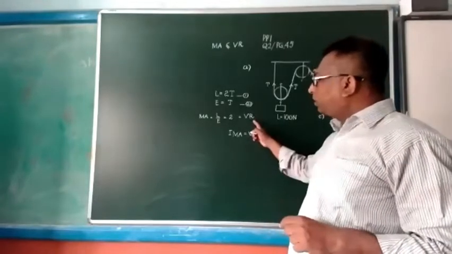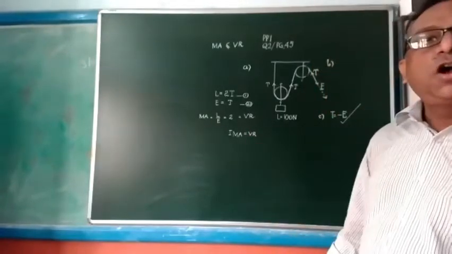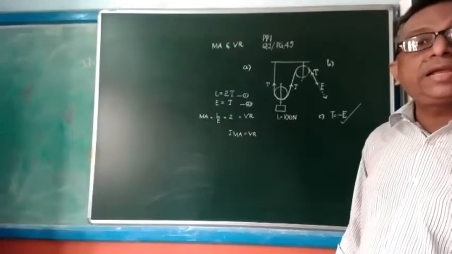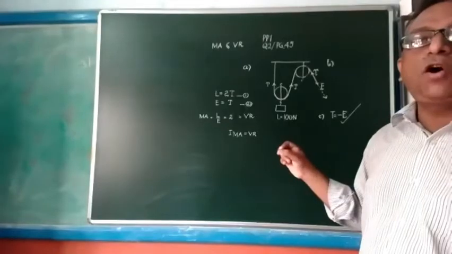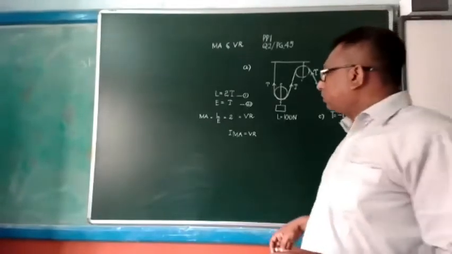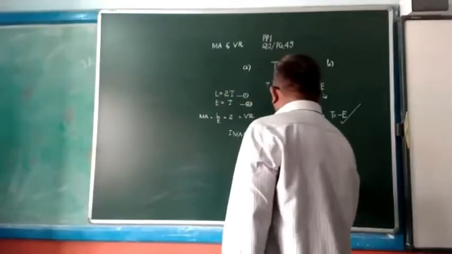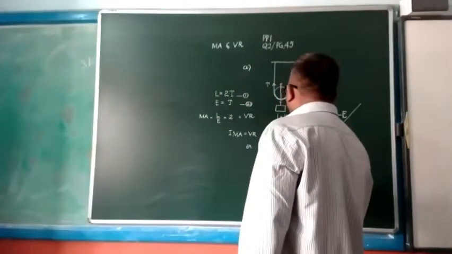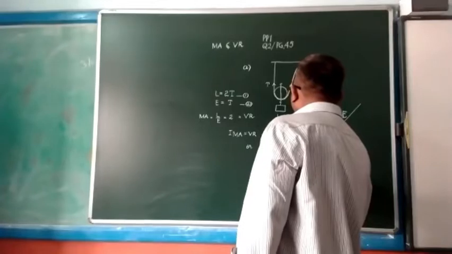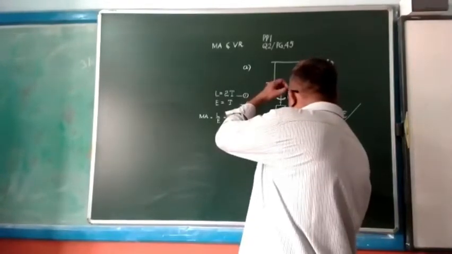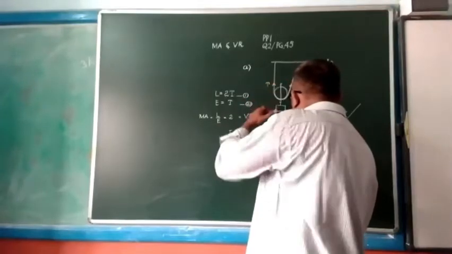I found the value of velocity ratio on the basis of mechanical advantage, whether the given machine is ideal or actual. The other technique is velocity ratio equal to effort distance divided by load distance, XE upon XL.